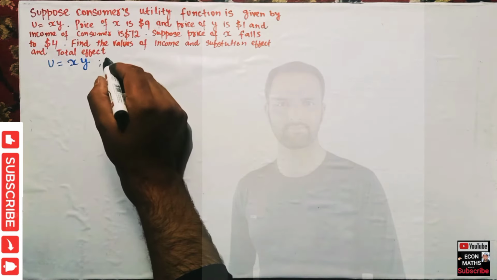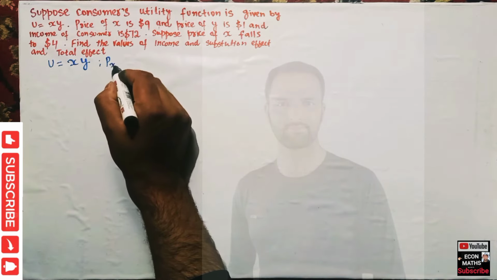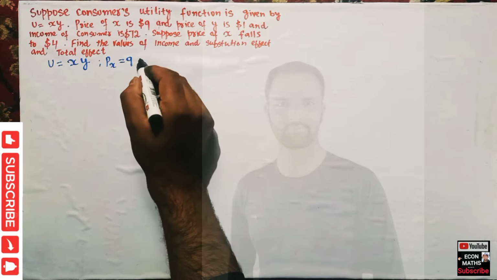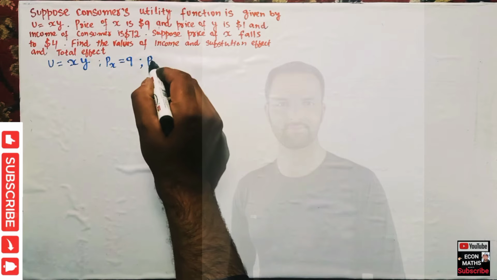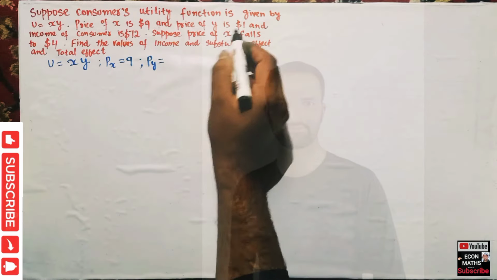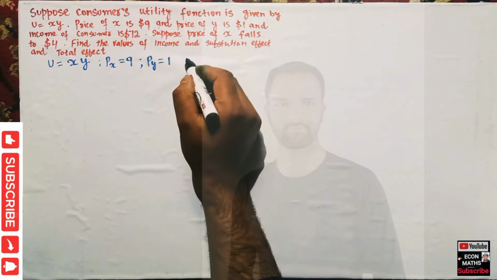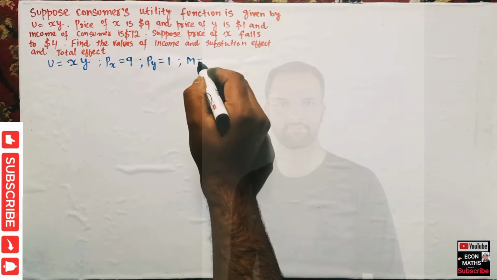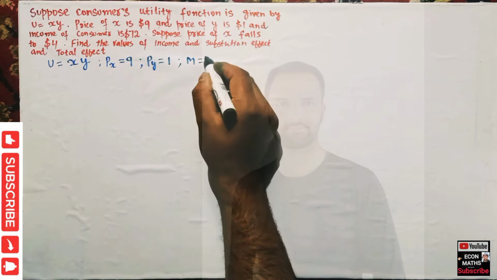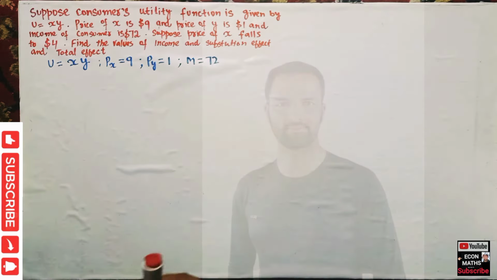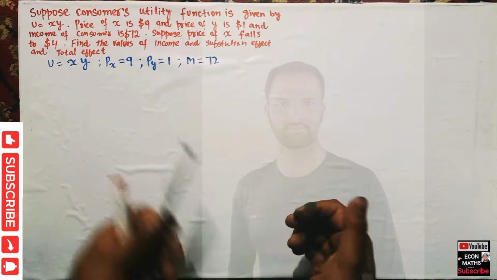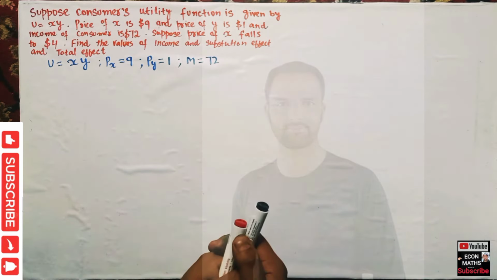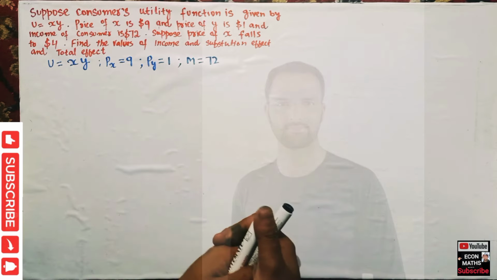We will write here the price of x is originally 9, the price of good y is given as 1, and the total income, that is m, of the consumer is 72. This is the original thing that is given to us, when there is no change in the price of good x.